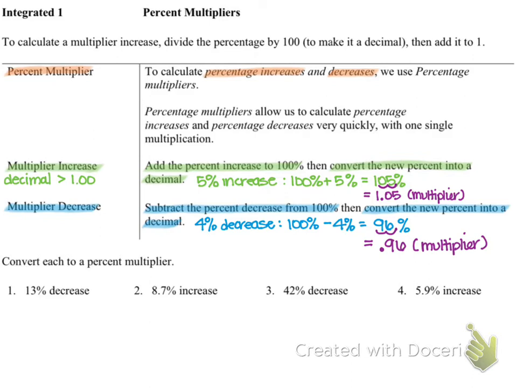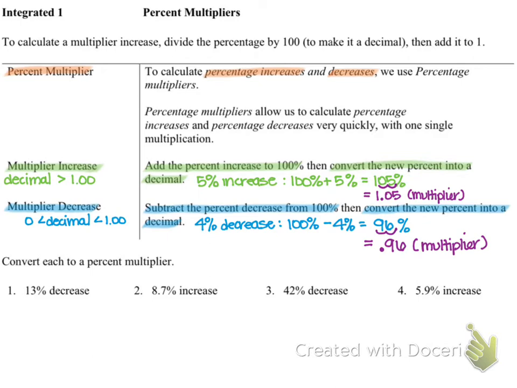If you have a multiplier decrease, then this decimal is in between 0 and 1. So really, if it's a multiplier decrease, it's going to be smaller than 100%, but it's got to be bigger than 0%. And if it's a multiplier increase, it's going to be bigger than 100% because we added something to 100. All right, let's take a look at these examples at the bottom.